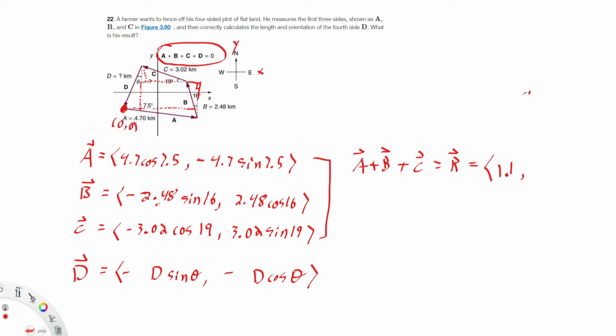So relative to this beginning, we've gone 1.1 in the x direction. Yep, 2.8 in the y direction. Agreed.